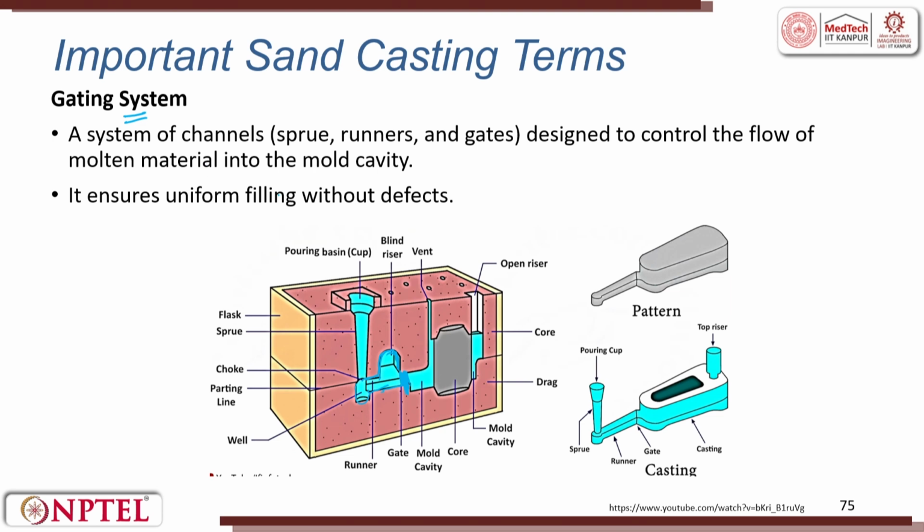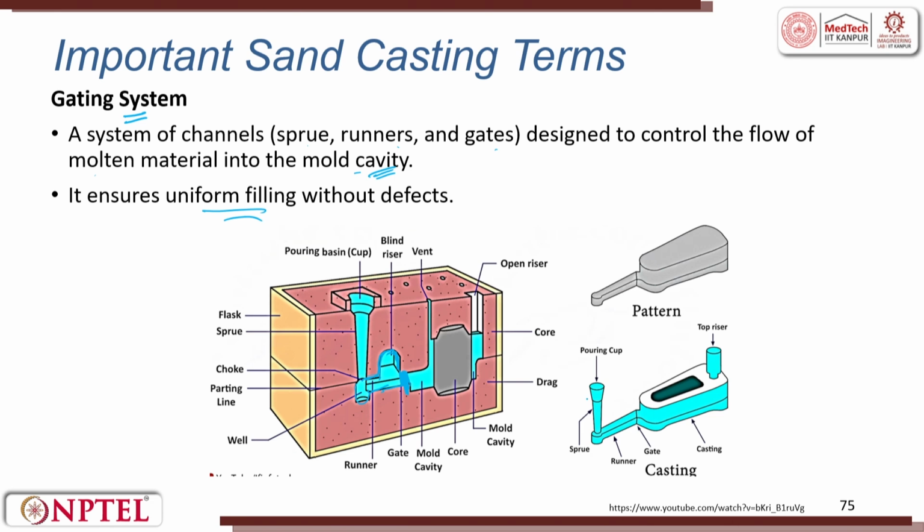A system of channel, sprue, runner, gate designed to control the flow of the molten metal into the mold cavity is the gating design. For the runner, you will try to have a taper because the continuity has to be maintained. It ensures uniform filling without any defects.